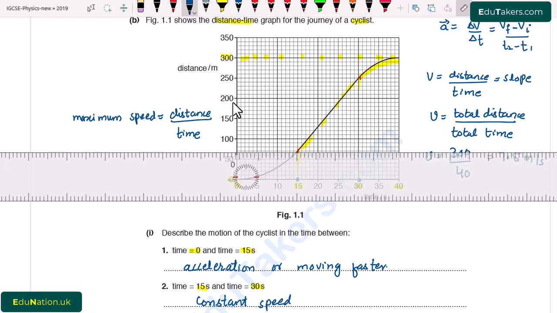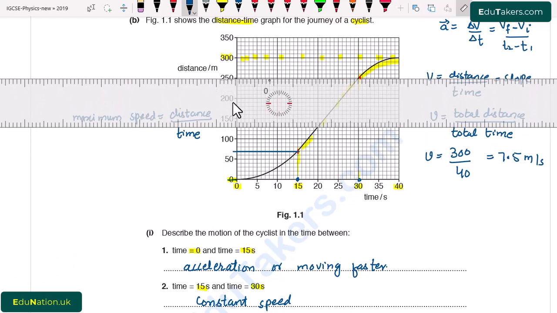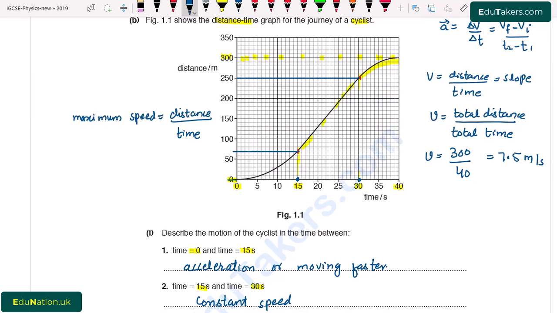So it will touch at this position. So we can see from here that when time t is equal to 15 seconds, the distance is 70 meters. And when time t is equal to 30 seconds, its corresponding distance is 250 meters.